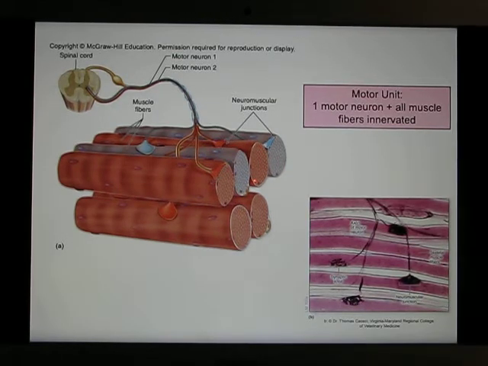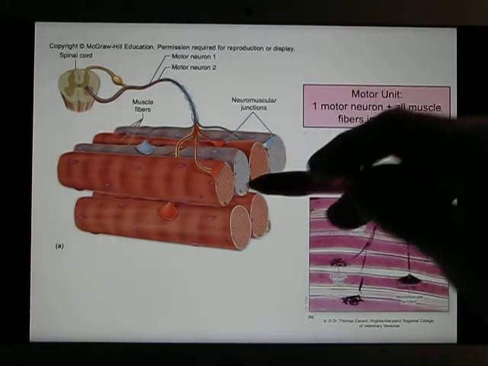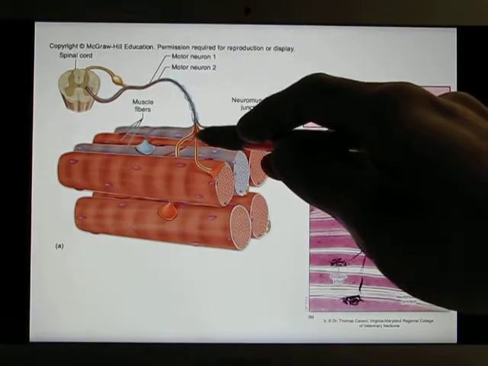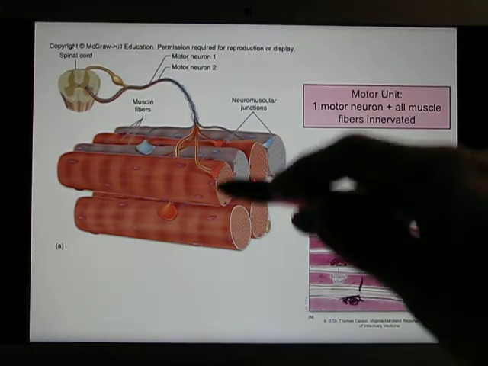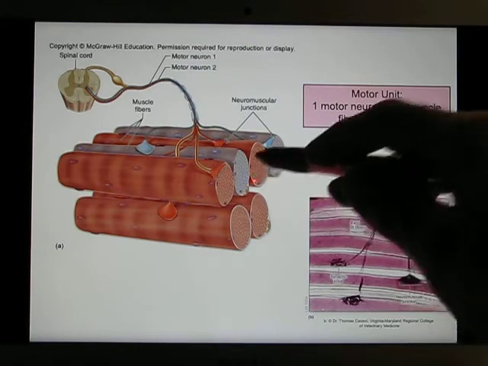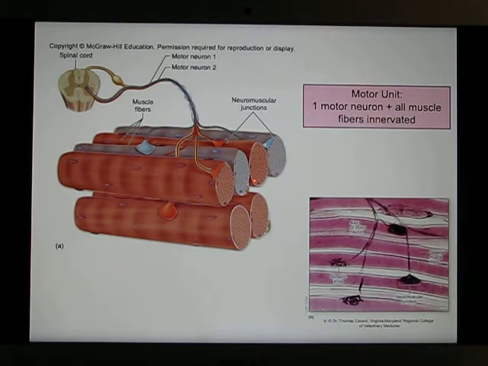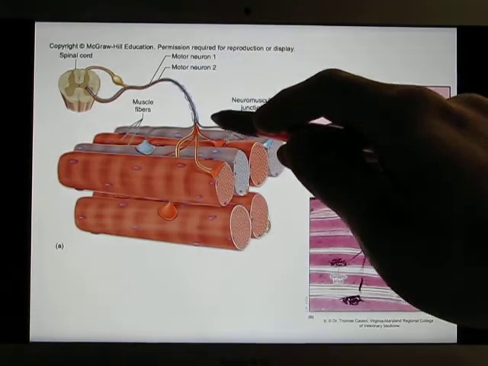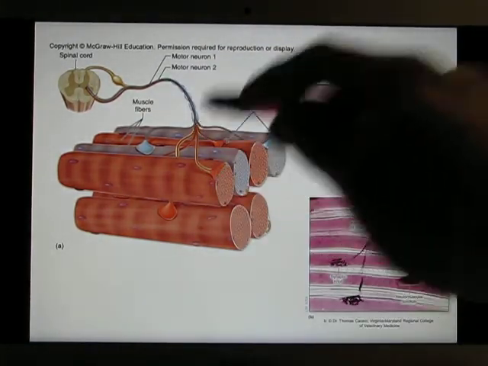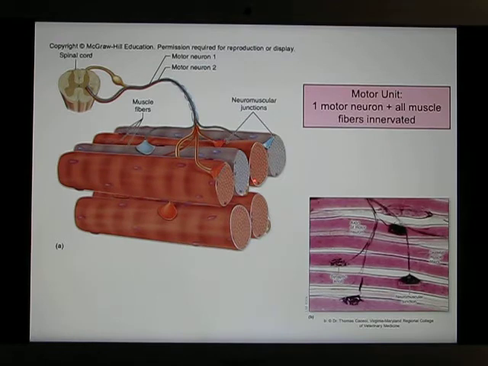Motor unit. Motor units are the muscle fibers and the neuron. Each motor neuron innervates. Every time you see the word innervate, it means touch. The neuron touches the muscle fiber. It can touch other neurons also, called innervation. This motor neuron plus all the fibers that motor neuron innervates is called a motor unit.